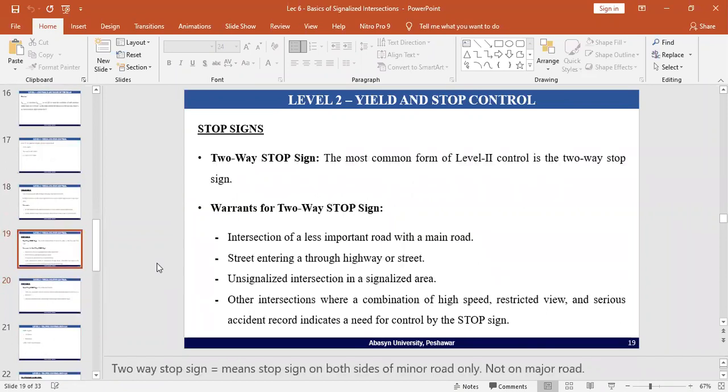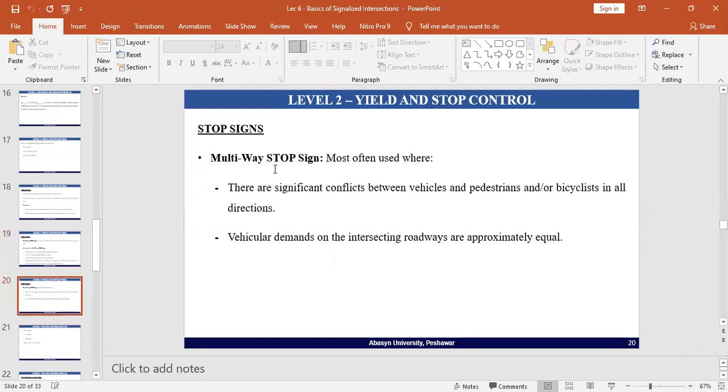Now you have stop signs have two subtypes: two-way stop sign and a multi-way stop sign. So you have to use a multi-way stop sign when there are significant conflicts between vehicles and pedestrian and or bicyclist in all directions.